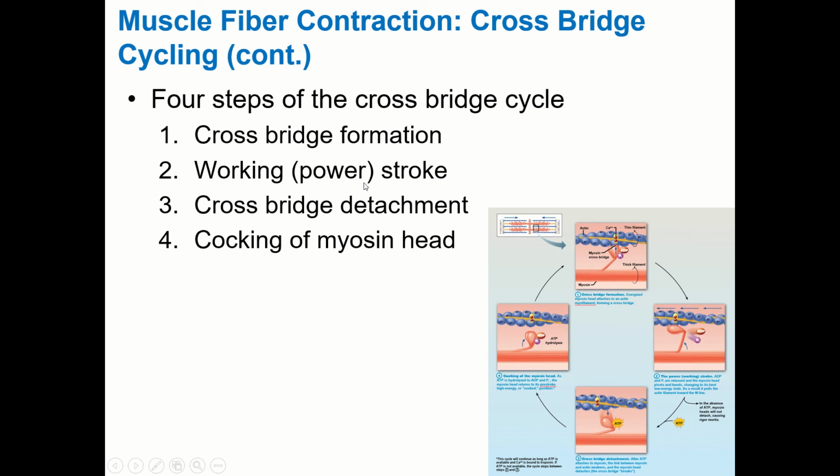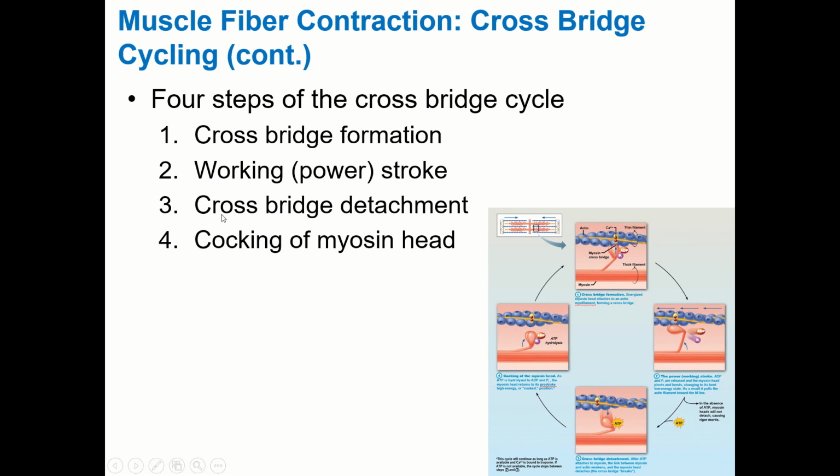That pulls actin toward the midline. Then, if we want to keep doing this, we have to attach an ATP molecule, and that'll allow myosin to come off of those active sites on actin. So that's cross-bridge detachment. Again, cross-bridge is the interaction of actin and myosin, so to break those two apart, we have to add an ATP.